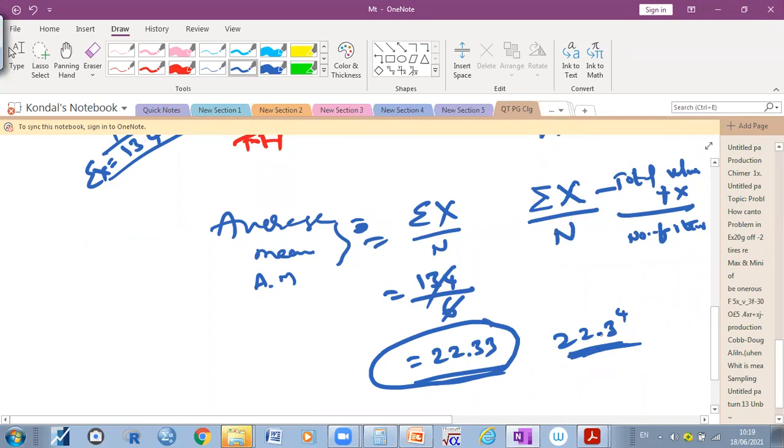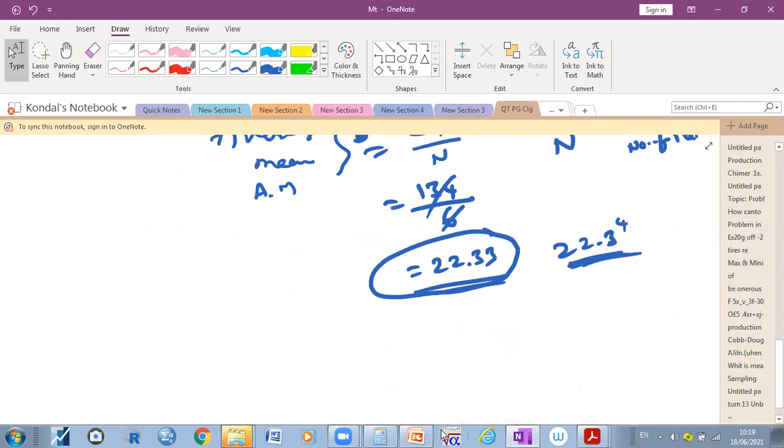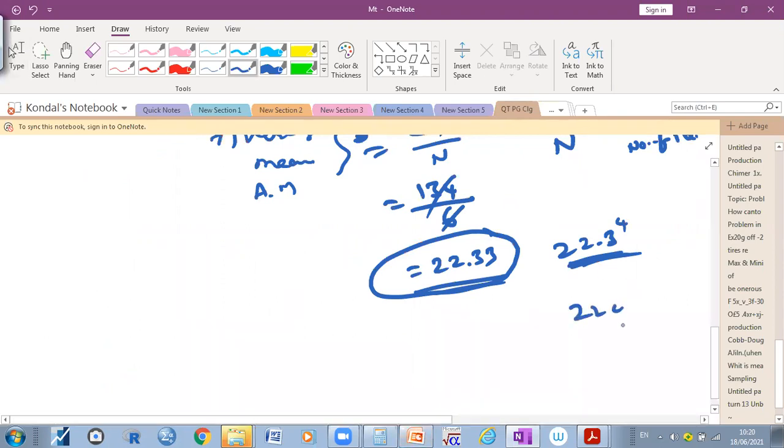In the example of these 6 people, the average age is 22.33, that means 22 years, 3 months, or simply you can take 22 years, 4 months. No problem. Have you understood this one?